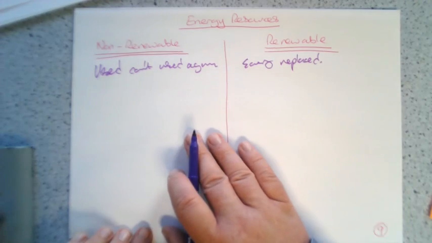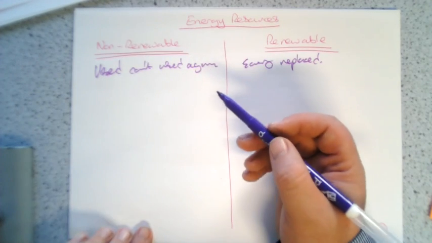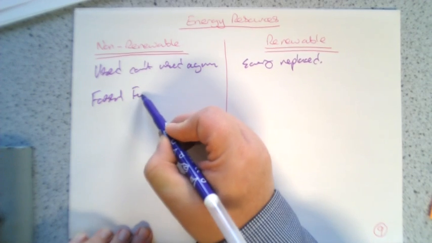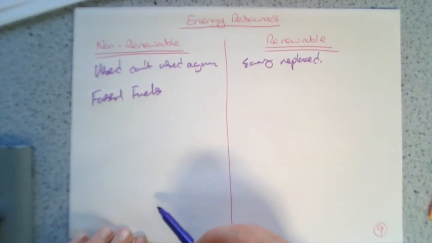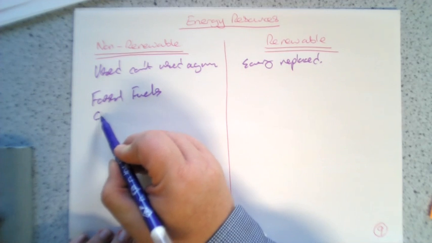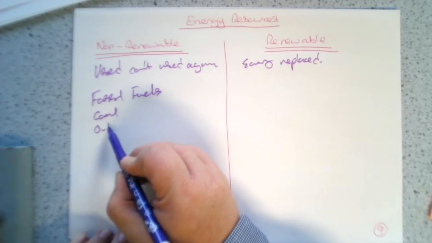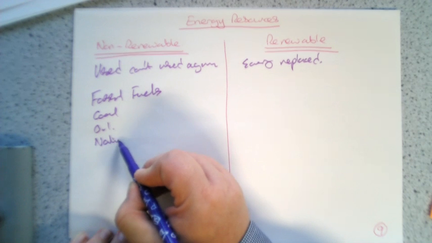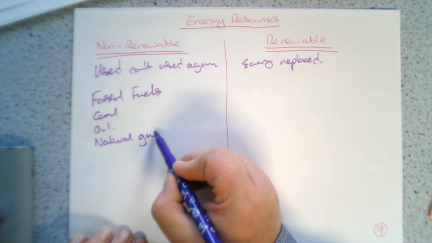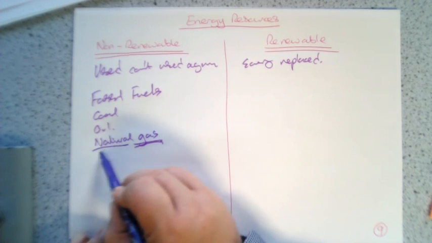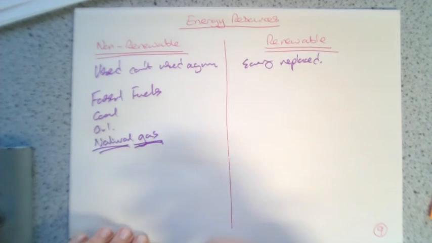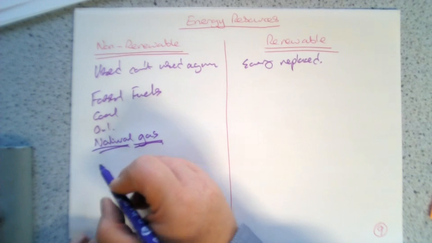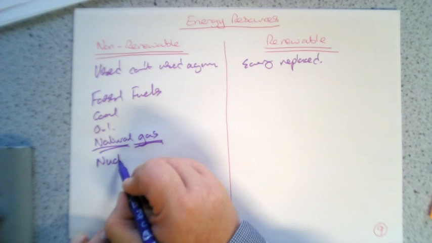So when we're thinking about non-renewable, we're thinking about our fossil fuels. And when we're thinking about our fossil fuels, remember it's coal, oil, very important to say natural gas. And it's important that we say natural gas, because if you say gas, that could be any gas, the air around us. And then we've got nuclear.